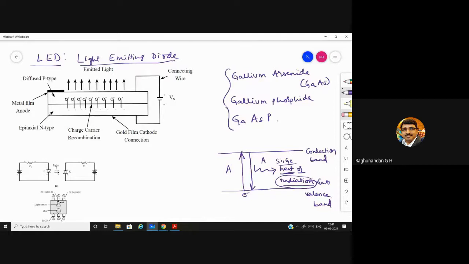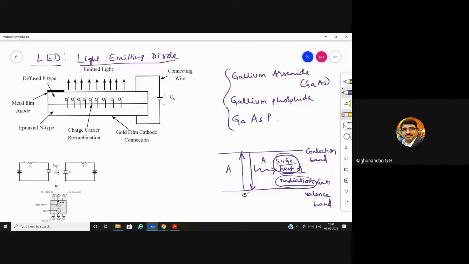Because of this characteristic of gallium arsenide, we use it in the construction of LED. Because of the characteristics of silicon and germanium, which give the energy in the form of heat, we cannot use them as materials for LED.